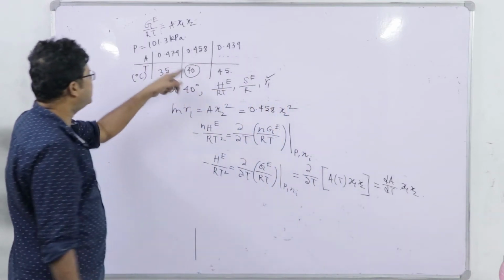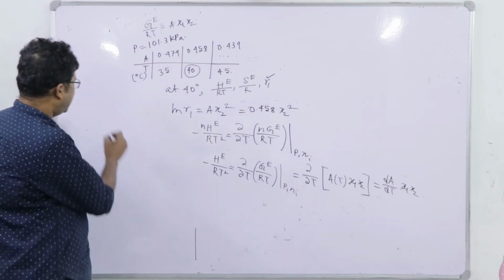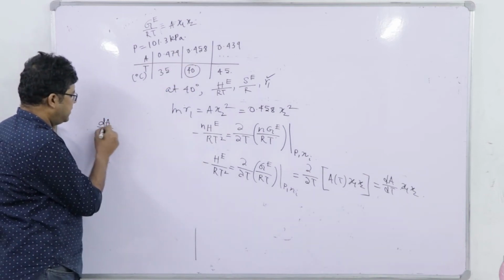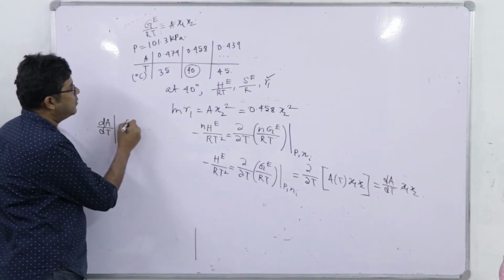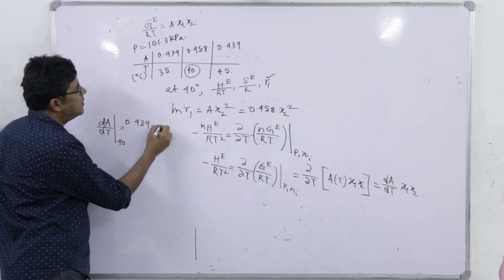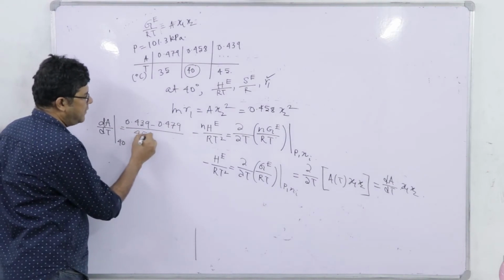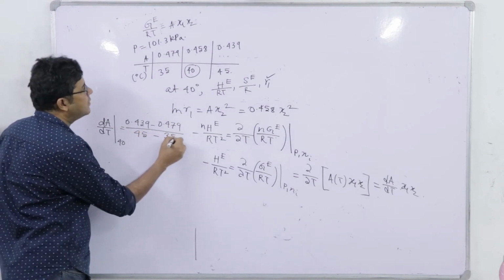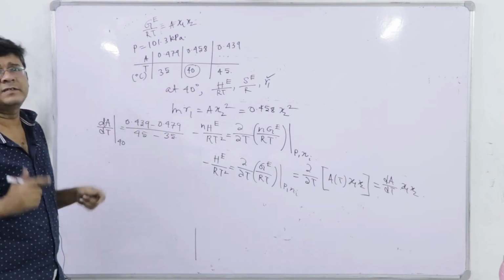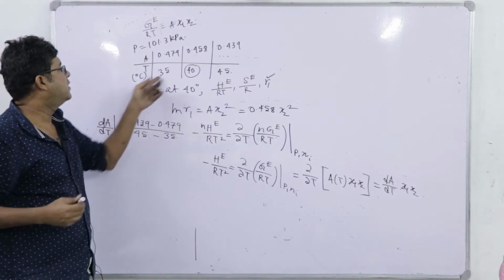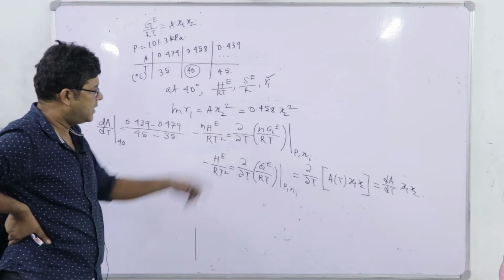So you have to solve for dA dT at this 40 degree. dA dT at 40 degree will be equal to 0.439 minus 0.479 divided by 45 minus 35. Taking this at the midpoint, it is a kind of central difference scheme, from which we can solve for dA dT.